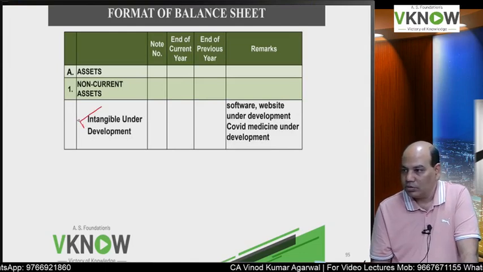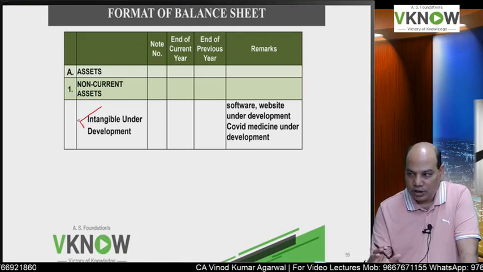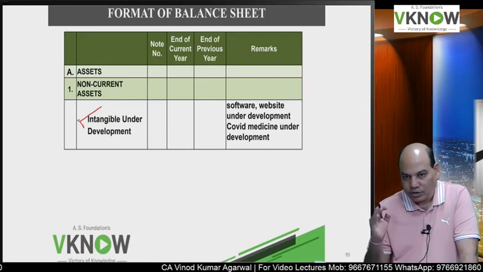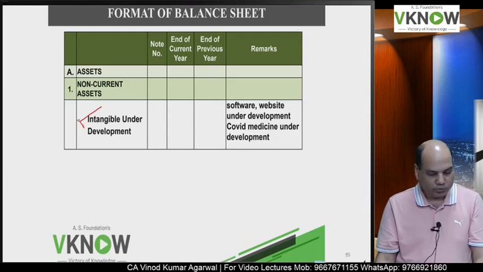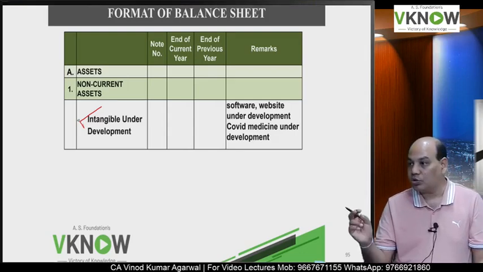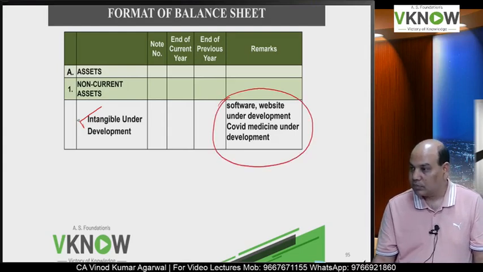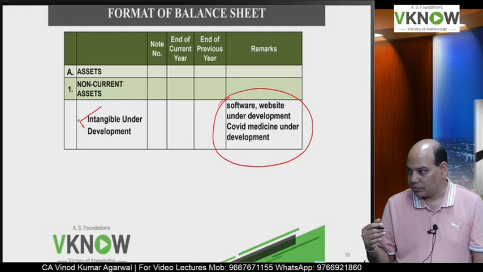Similarly, you have intangible asset under development. It takes a long period of time for an intangible to be ready. For example, software may take 3 years, 5 years. Finally, the software will be launched. You have to disclose it separately because funds are blocked, sometimes for a very long period of time.